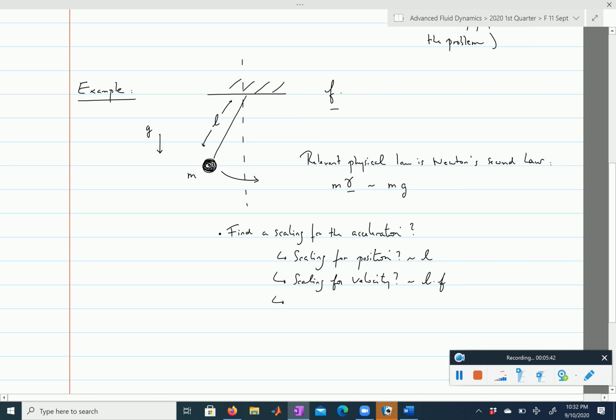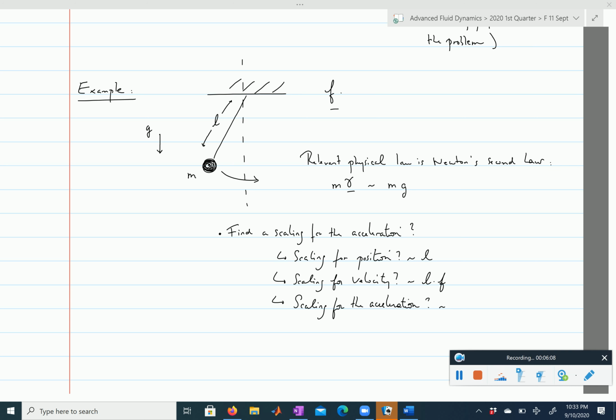Now what is the scaling for the acceleration? Again, the acceleration represents the rate of change with time of the velocity. And the velocity goes from about 0 at this position of the pendulum, to a maximum velocity here. So the time scale for the change of velocity is also 1 over f.